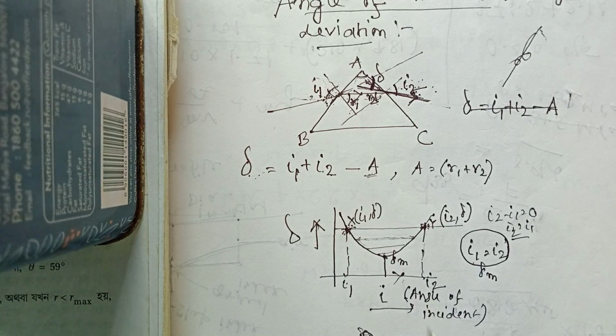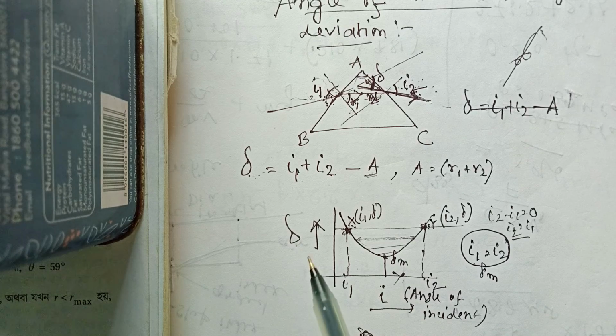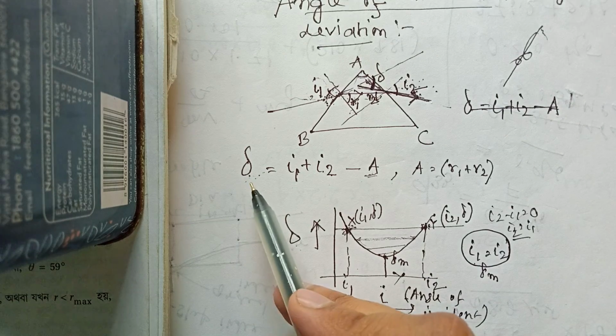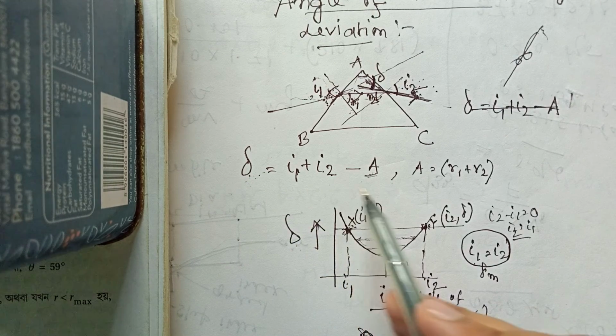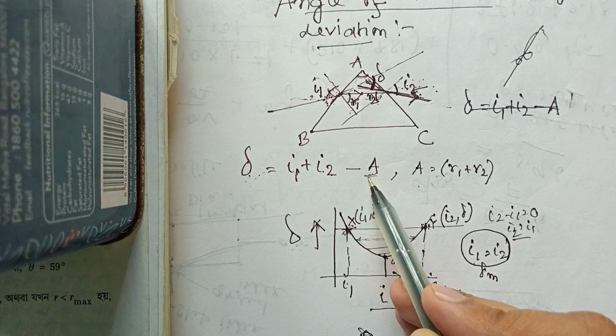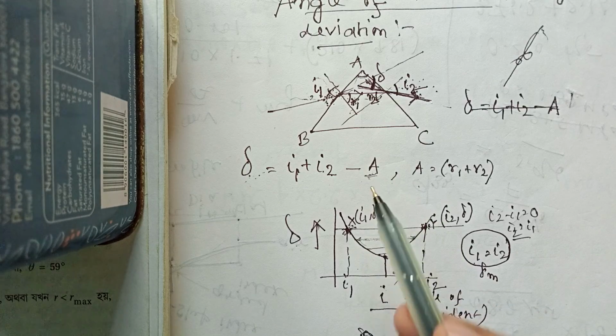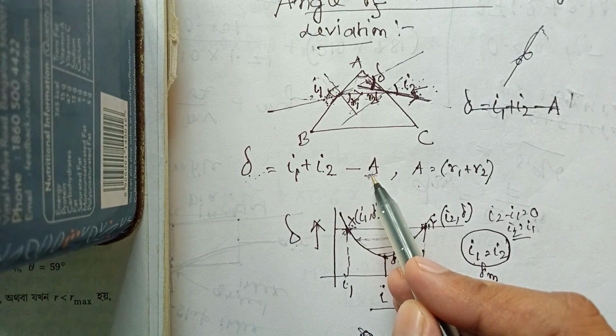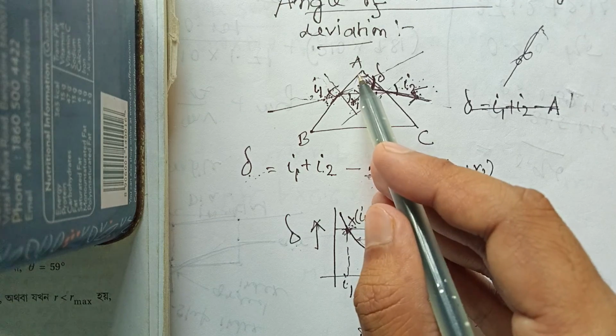Now, if we plot deviation, that means delta versus angle of incidence, what will happen? From this relation, delta equals I1 plus I2 minus A, we can see that A is a constant because A is the angle of prism.